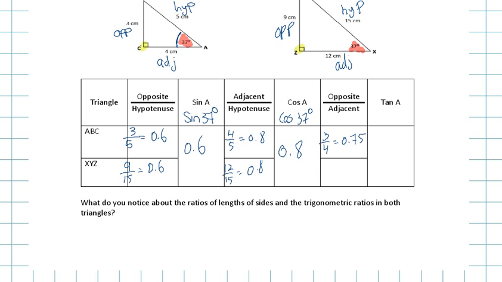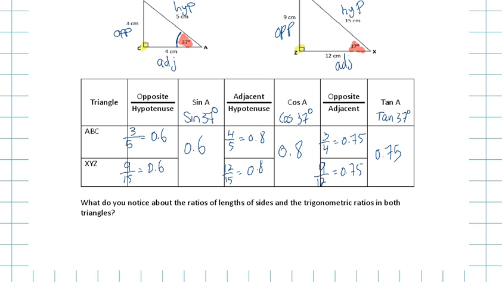And what's 9 over 12? 0.75. And tangent of 37 is 0.75 as well, so we're going to leave this 0.75, because we didn't round yet.